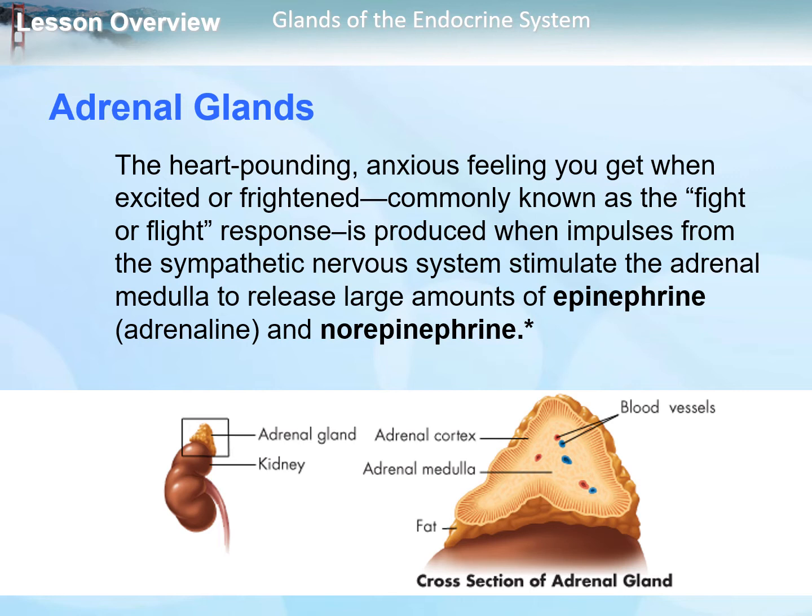The heart-pounding, anxious feeling you get when excited or frightened, commonly known as the fight or flight response, is produced when impulses from the sympathetic nervous system stimulate the adrenal medulla to release large amounts of epinephrine or adrenaline and norepinephrine.